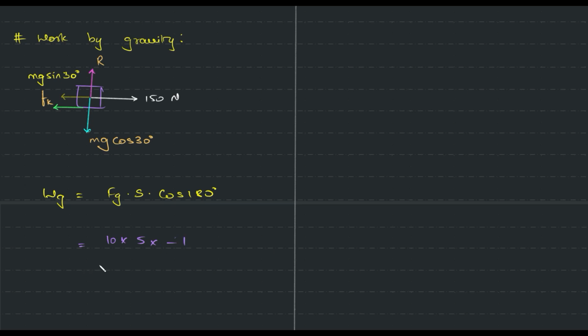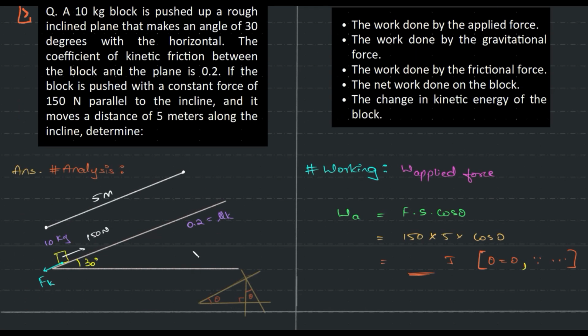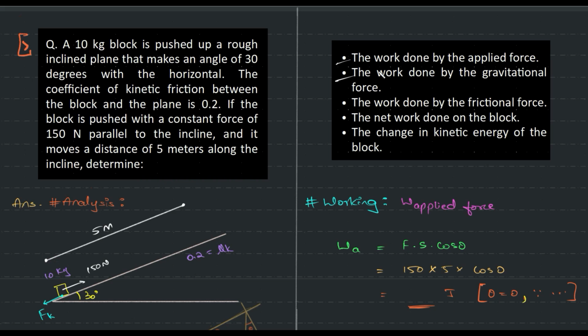Wait, oh my bad, I'm mixing everything up. Mass is 10, g is 10, sine 30 is 1 by 2, displacement is 5, and this is minus 1. So 1 by 2 times 5 times 10 times 10, that is 250, minus 250. Oh, sorry, this is not force, this is energy. Okay, what else? Oh yeah, this is done.